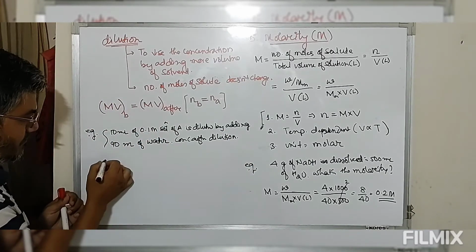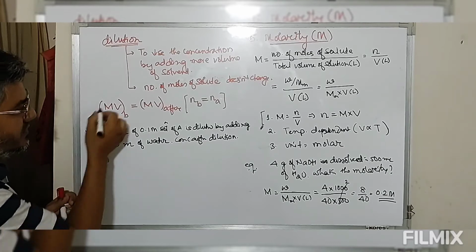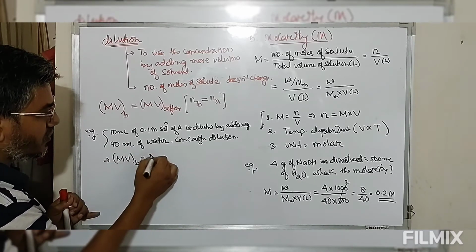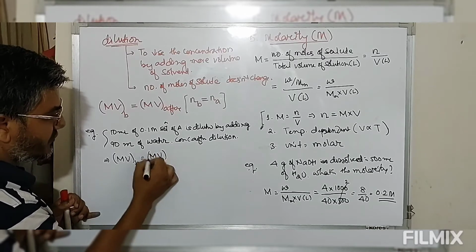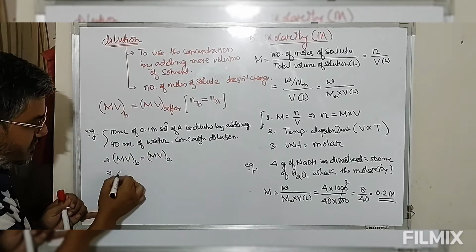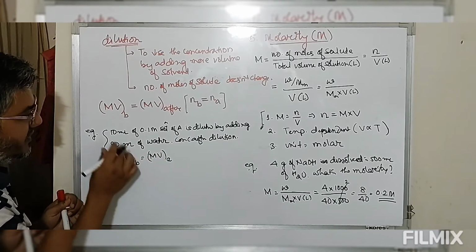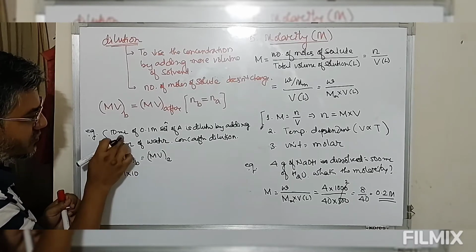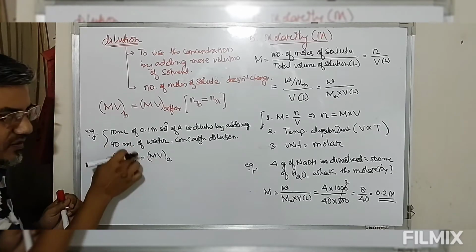So now look at this. Molarity into volume before dilution is equal to molarity into volume after dilution. Before dilution, molarity is 0.1, volume is 10 ml. This is also in ml, so the units will cancel out.